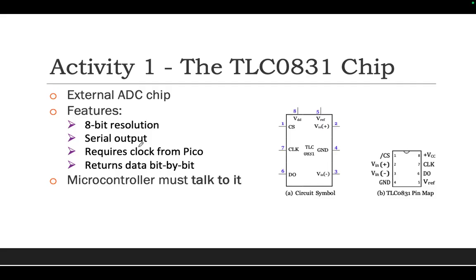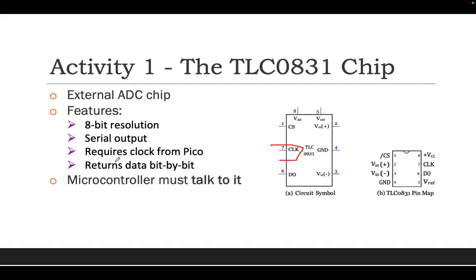Yeah, and then it requires a clock from the Pico. Yeah, you can see here there is a clock signal, which means you need to give this pin a clock signal, and you can check the code.